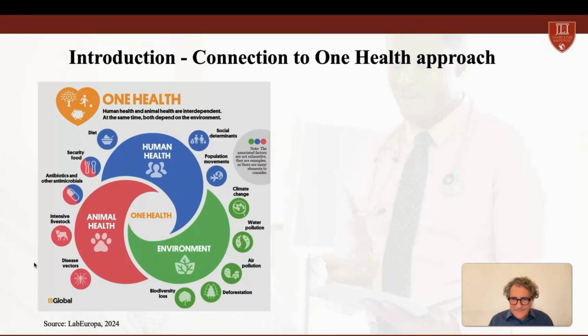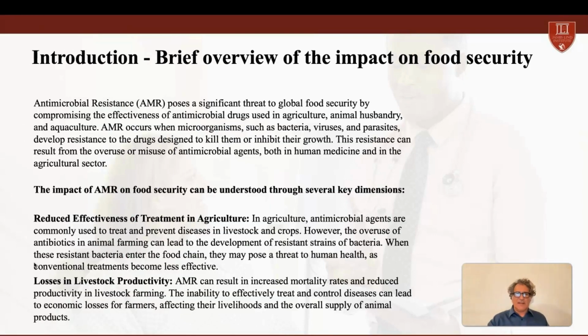So there are several issues that interact with each other, and the One Health approach aims to analyze and assess the problem. In this case study we're talking about antimicrobial resistance, not just from the medicine point of view, but also from the environment, animal science, and veterinary point of view.